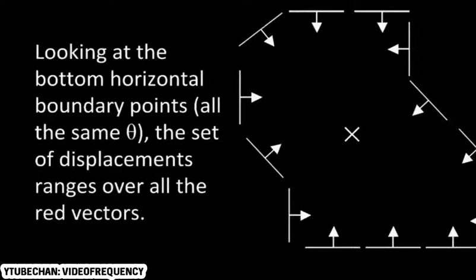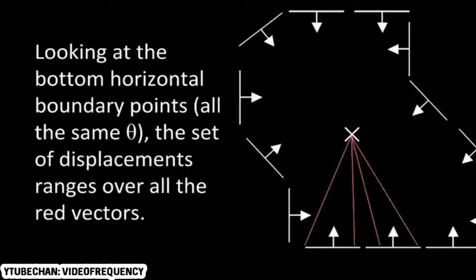They all have the same theta. Now, as we go across all those different edge elements, they each have different displacements to the center. So all of those red lines are all the displacements associated with being a bottom horizontal edge. So if I found a little bottom horizontal edge, I'd have to vote with all of those displacements.